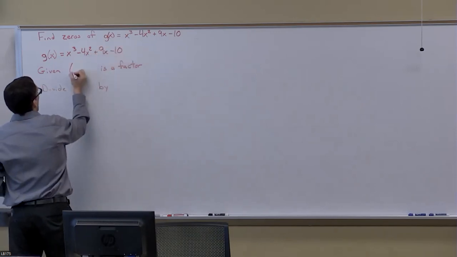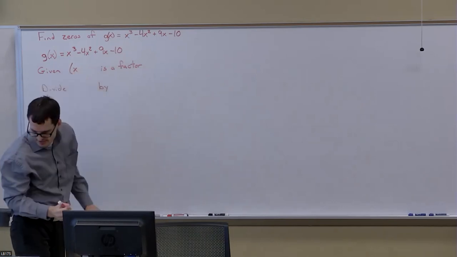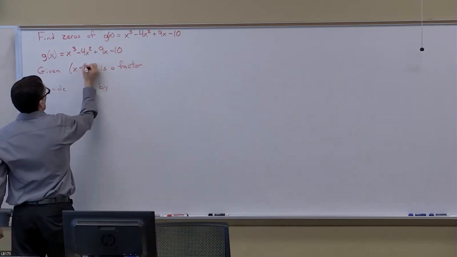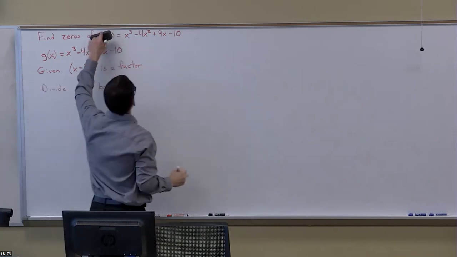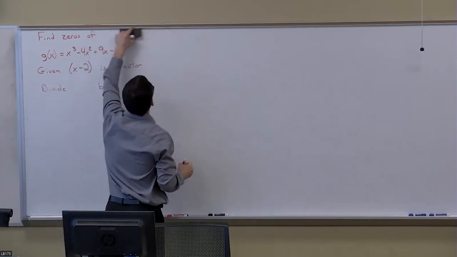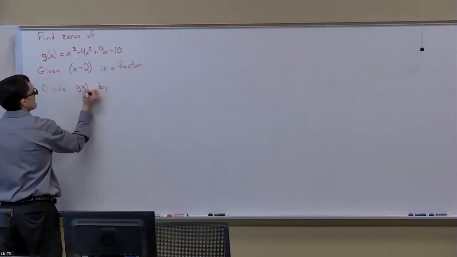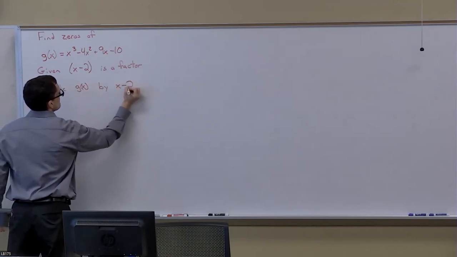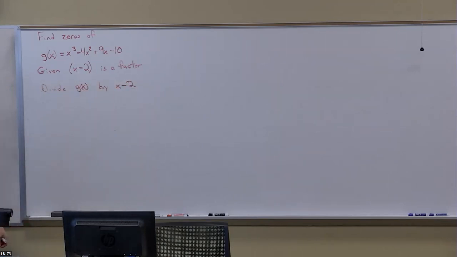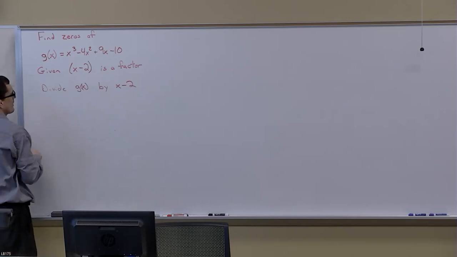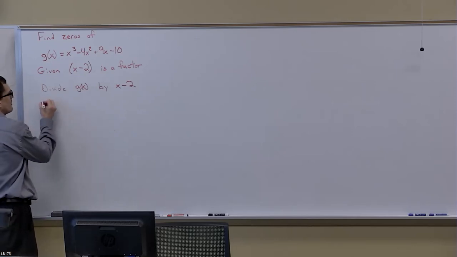Given that x minus 2 is a factor, so we know that x minus 2 is a factor. So we're going to divide our polynomial.